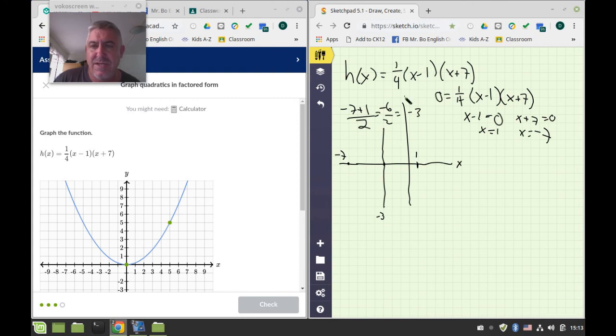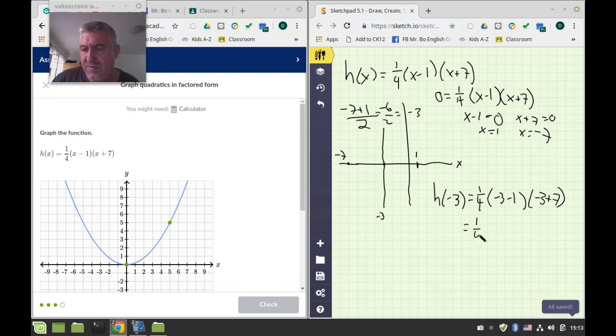I substitute in. So now I'm going to find h of negative 3, which is equal to 1/4 times (negative 3 minus 1) times (negative 3 plus 7). So that equals 1/4 times negative 4 times 4, and there we have those number pairs again.